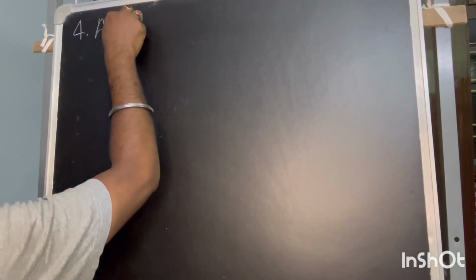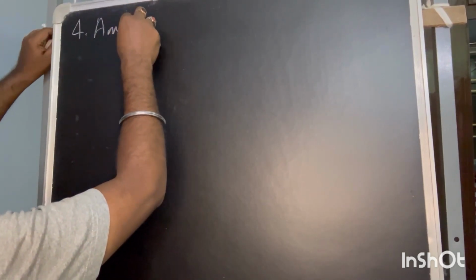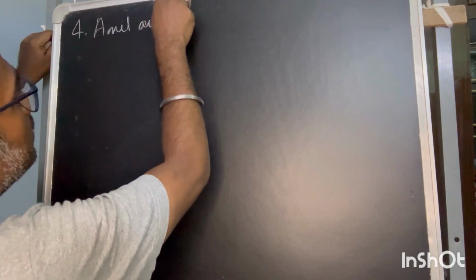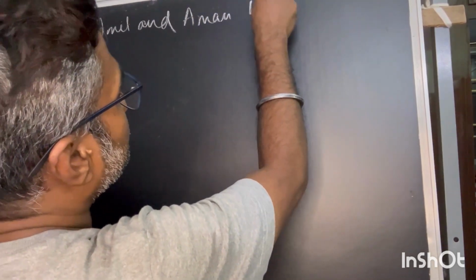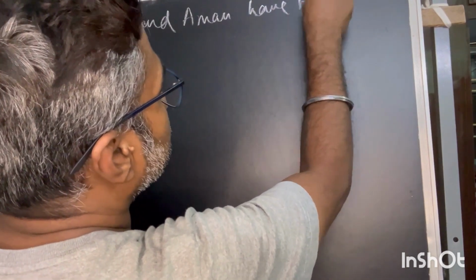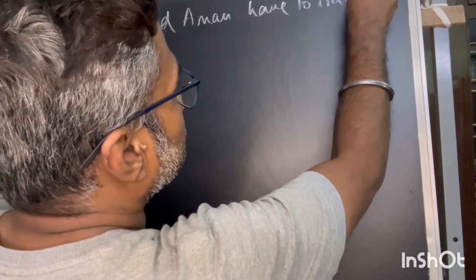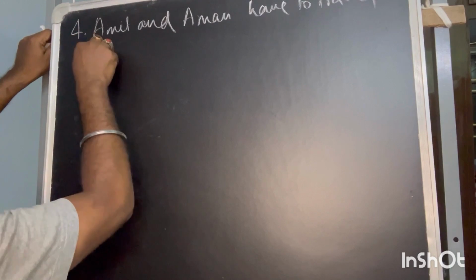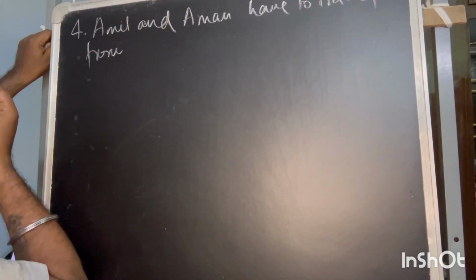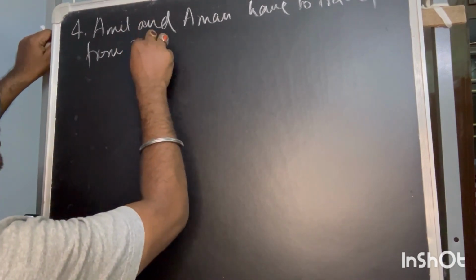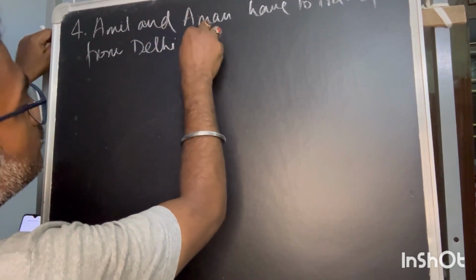Amit and Aman have to travel from Delhi to Jaipur in their respective cars.